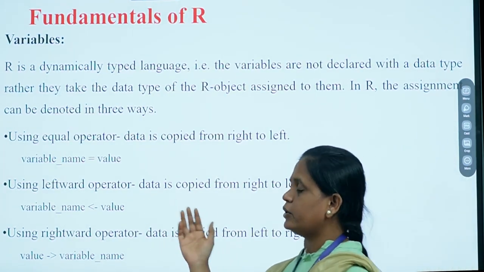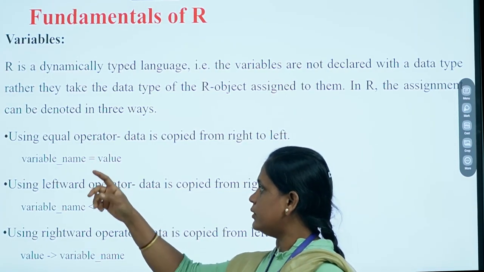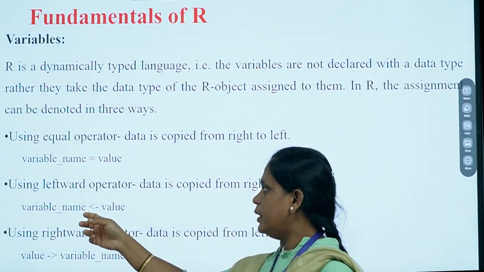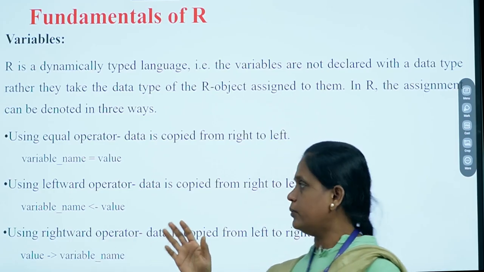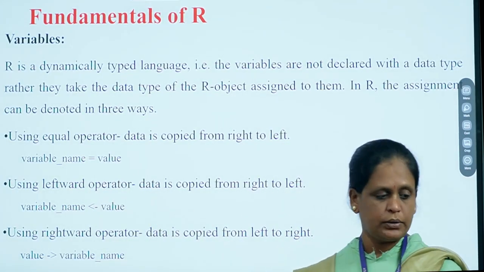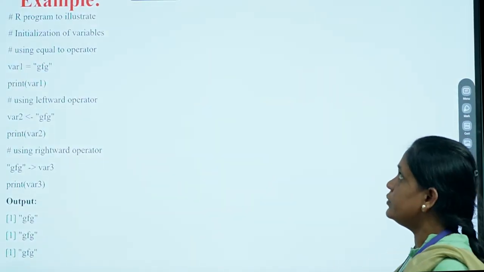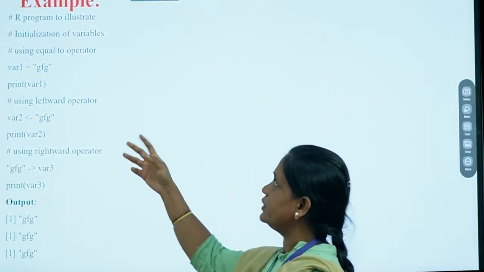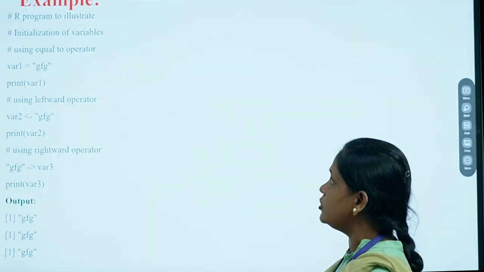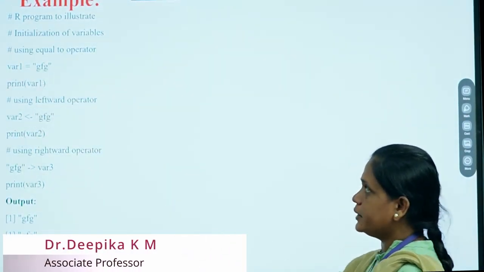When you are assigning values, there are 3 ways we can assign: either you can use the equal operator, the right arrow, or the left arrow. Any of the ways you follow will assign the value to that particular variable. This is just to illustrate how you initialize variables in R. I define var is equal to GFG and print that.